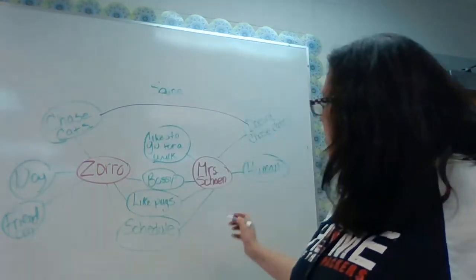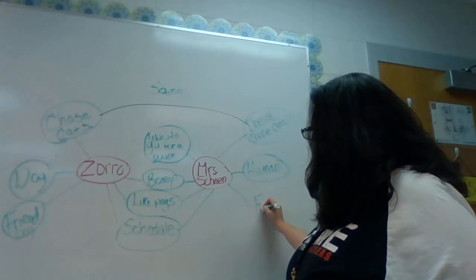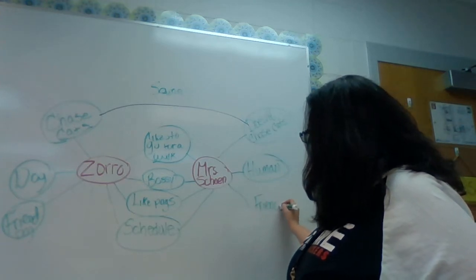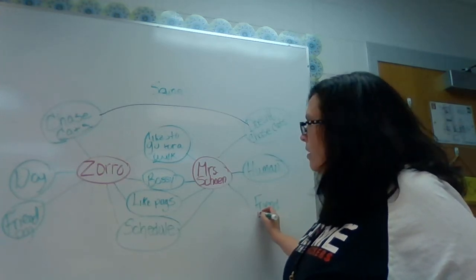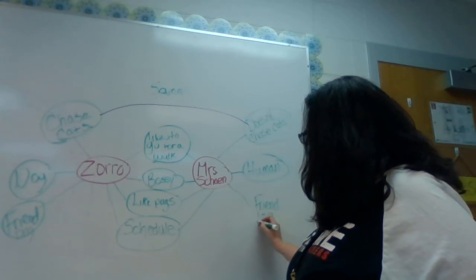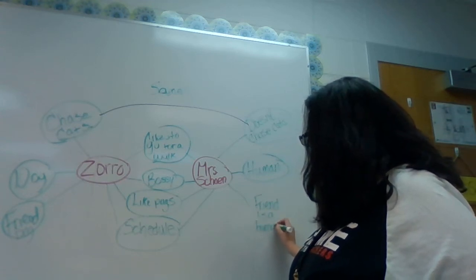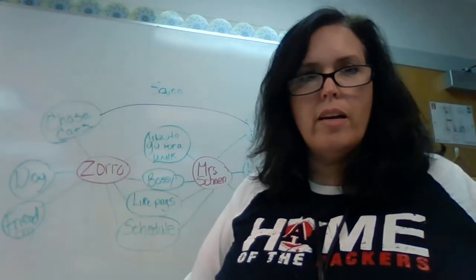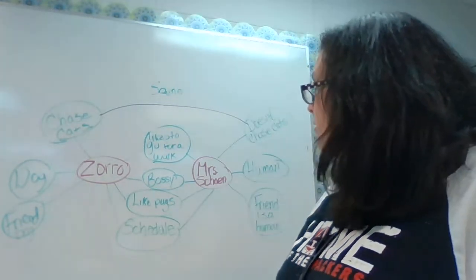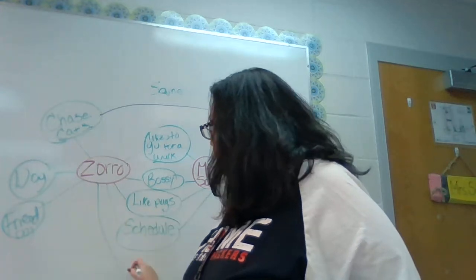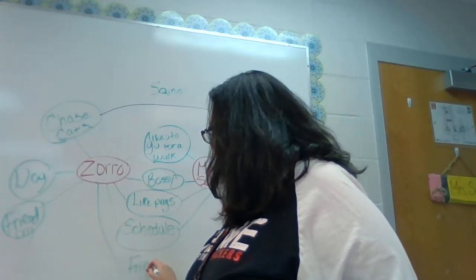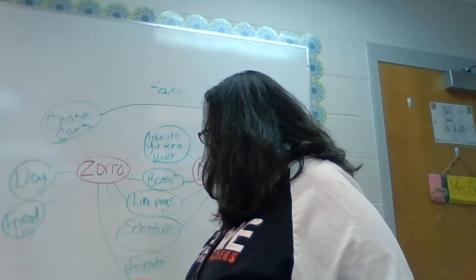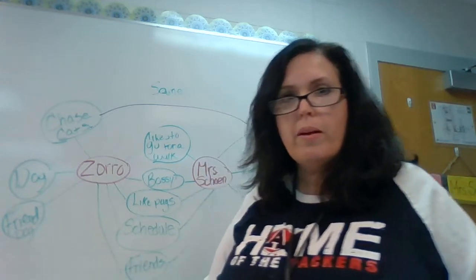Okay, so then mine over here, I'm going to write my friend is a human. Because my friend can't be a dog, right? And that could also be one for the middle too, that we both have friends. Okay, that could be one.